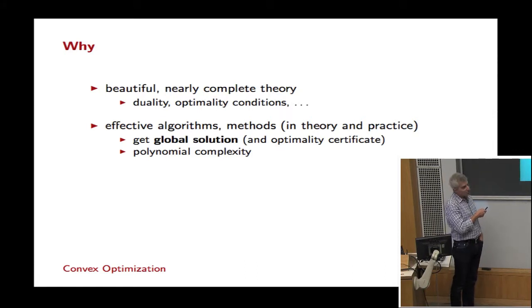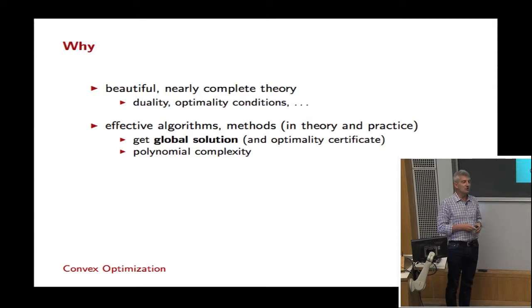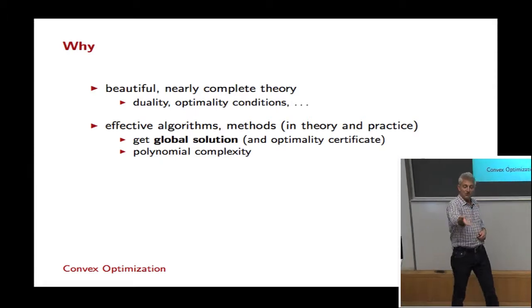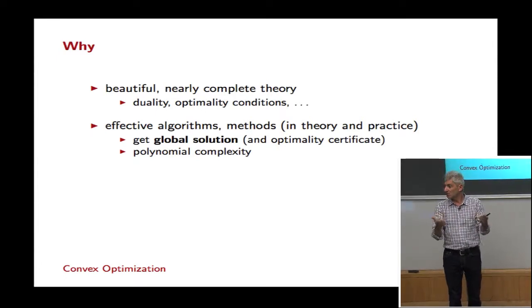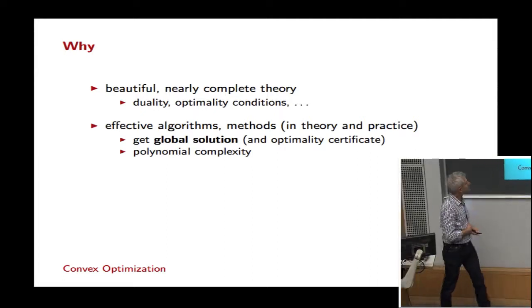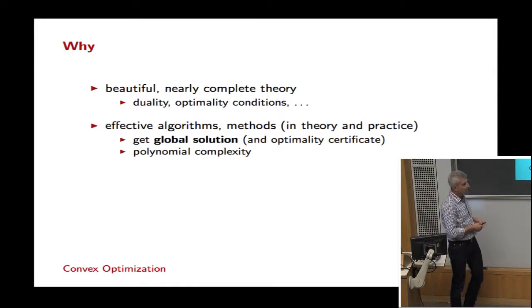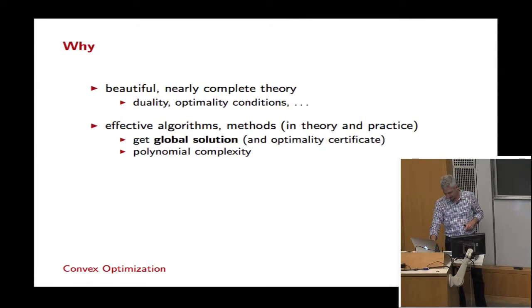Oh, and by the way, you don't just get the global solution, you get a certificate proving that it's the global solution. So you don't even have to trust anybody. You simply say, here's the solution. And by the way, here's a certificate proving nobody could do better than this. So it's very nice and complete. And if you care about these things, they have polynomial complexity, although don't look too closely because there are some weird hidden constants in there. Anyway.